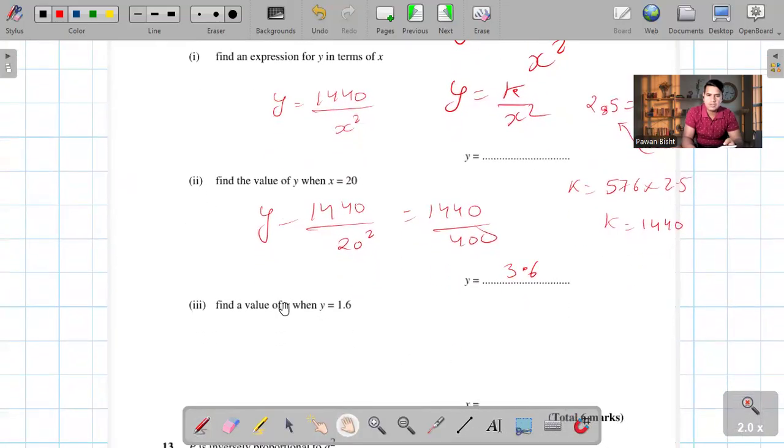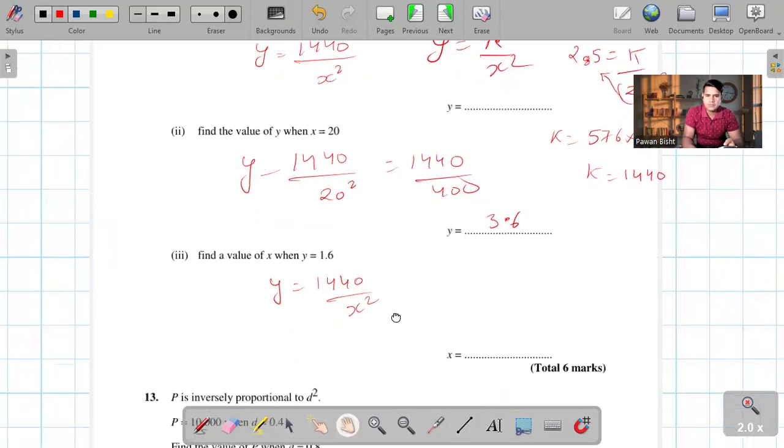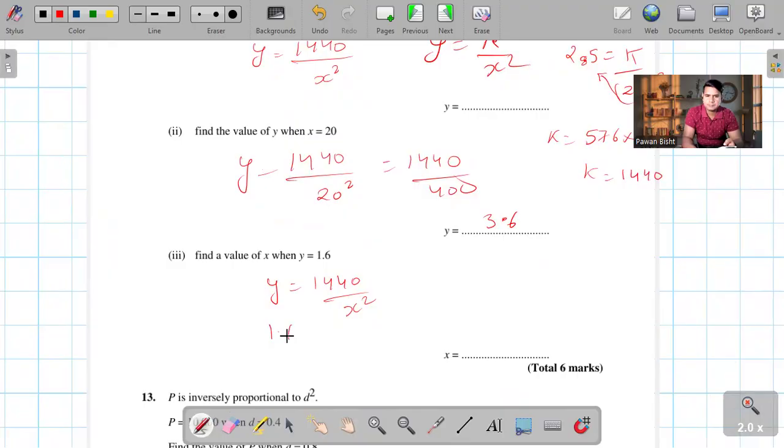Now they say find the value of x when y is 1.6. So your relation is y is equal to 1440 over x square. In place of y you put 1.6 is equal to 1440 over x square. So x square will be 1440 divided by 1.6, 16 times 9. So x square is 900.